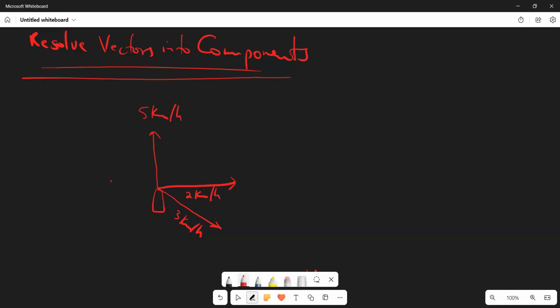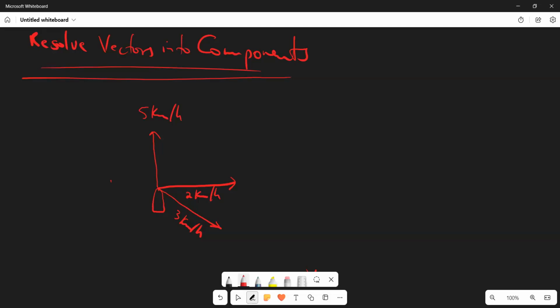Good. So now in a situation like this, let's say you want to know what's the resultant. I know we just talked about the polygon law of vectors, and you can very well say, let's make a polygon.